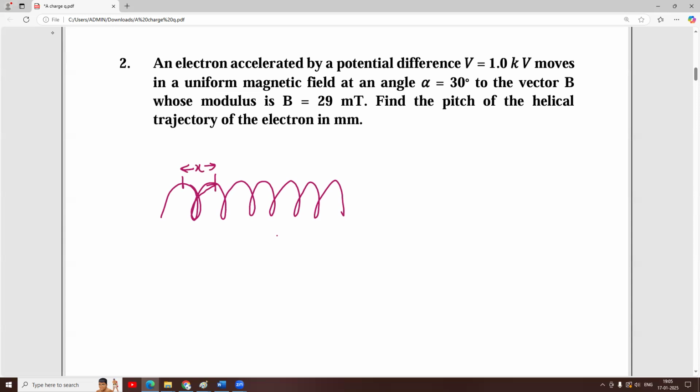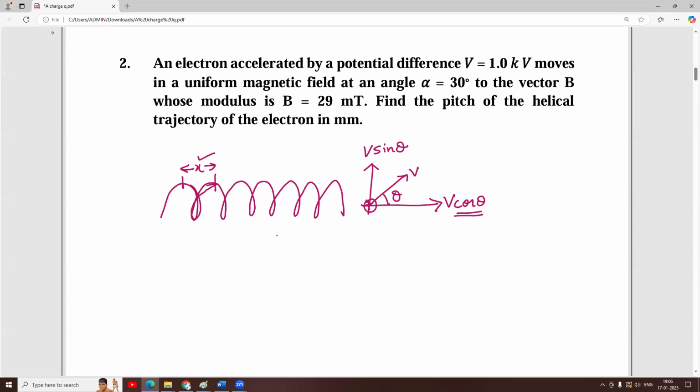So the motion x along the direction of magnetic field is because of v cos theta, the cos component of the velocity. We can split the velocity into two components. One along the direction of the magnetic field, v cos theta, will take the charged particle forward along the field. So this x motion is because of v cos theta, and v sin theta will make it move in the circular path.